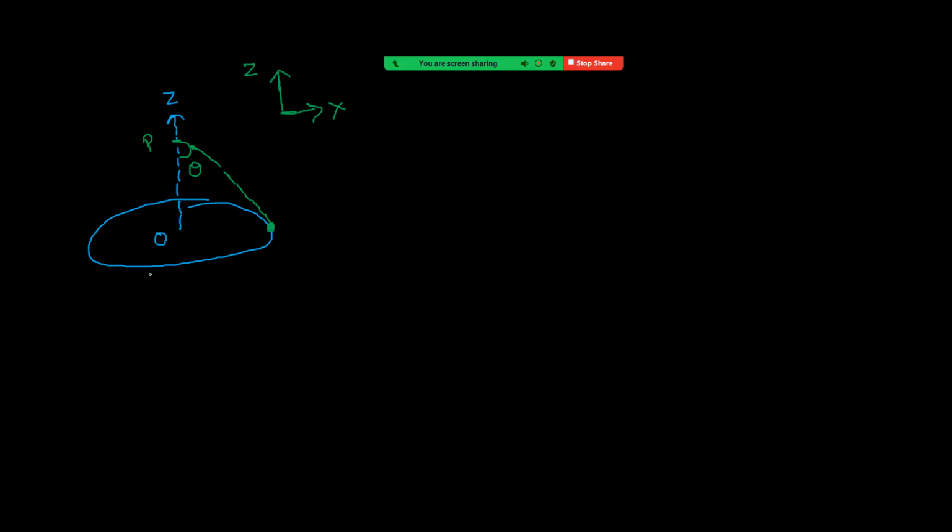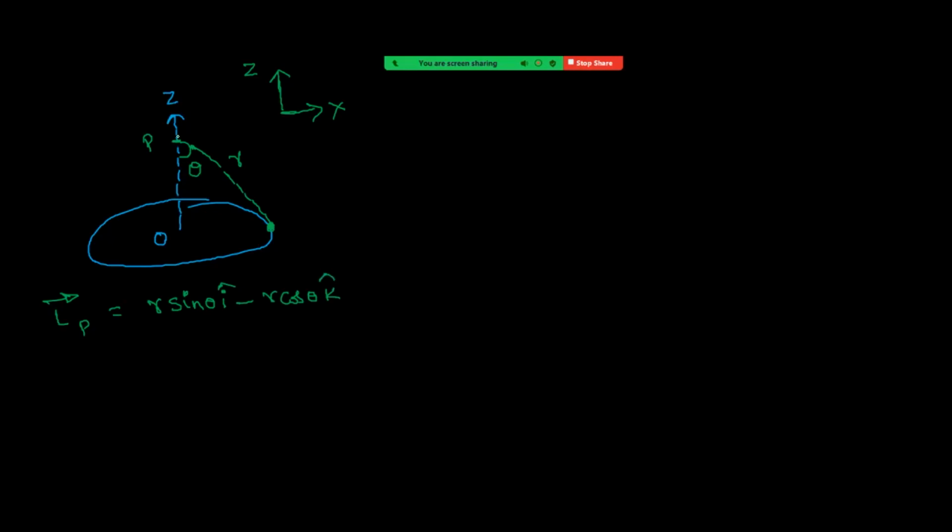Then see how to calculate the angular momentum. Angular momentum about P is equal to R bar cross P bar. Suppose this length equals small r. Then R bar is r sin theta i cap minus r cos theta k cap.